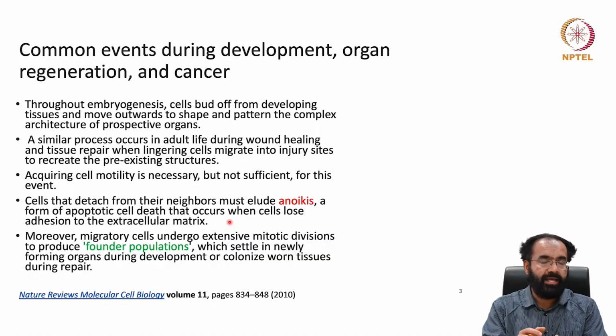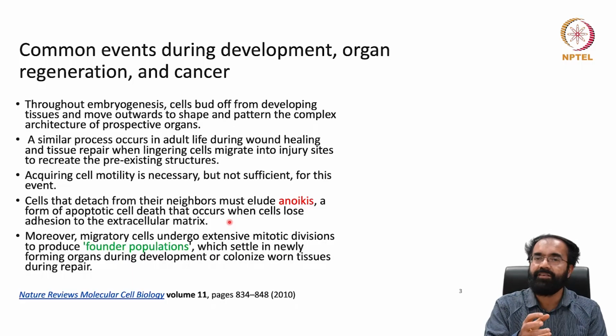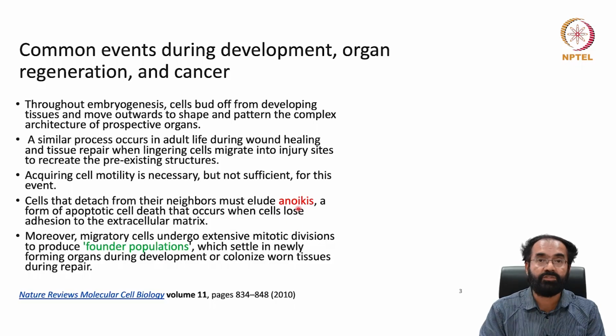Say a given tissue had 100 cells, and one cell decided to move as part of proliferating or migrating. But the moment it loses its contact, normally every cell will have around 6 to 7 contact points, and losing even 2 or 3 of them is good enough. That cell is now vulnerable to apoptosis, and that process is called anoikis, but it has to resist.